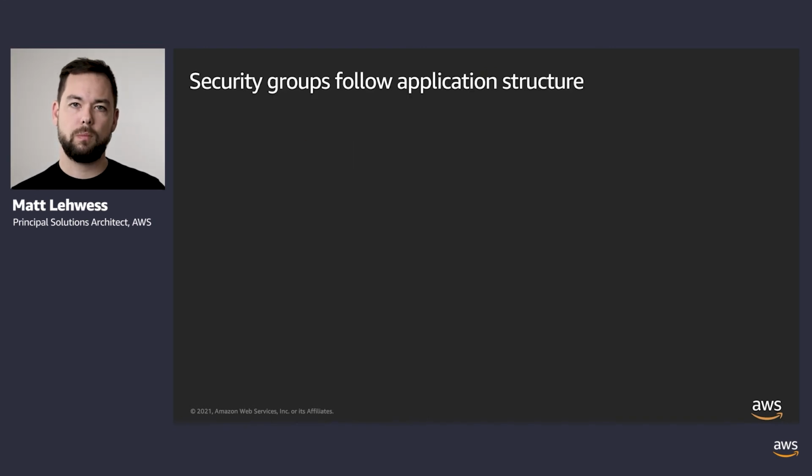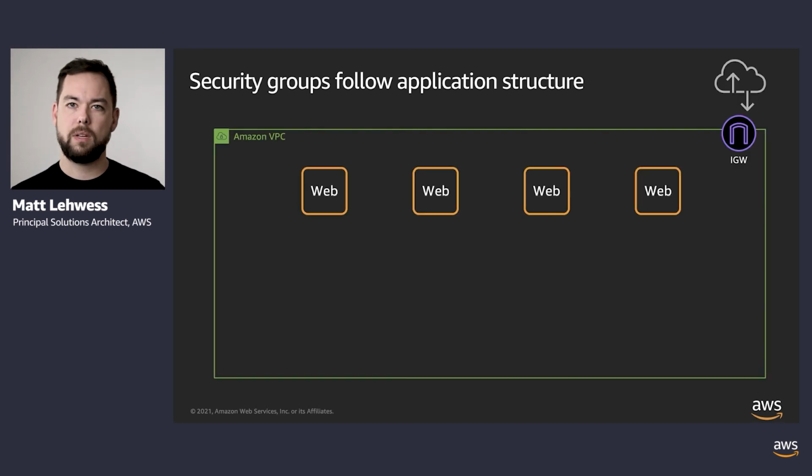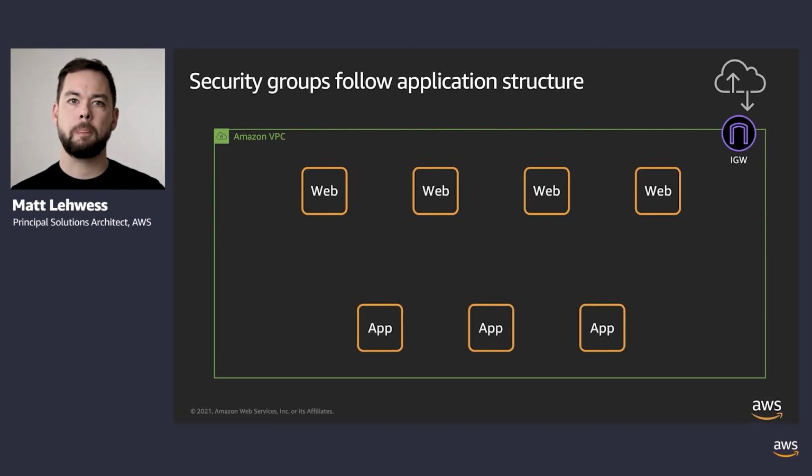Security groups, firstly, you can think of them like firewall rules that are associated with your instances. If we have our VPC here, we've got our internet gateway allowing traffic to come into the VPC. And we've got maybe a two-tiered web architecture where we've got our web and applications in two separate tiers, and they may be in two separate subnets.